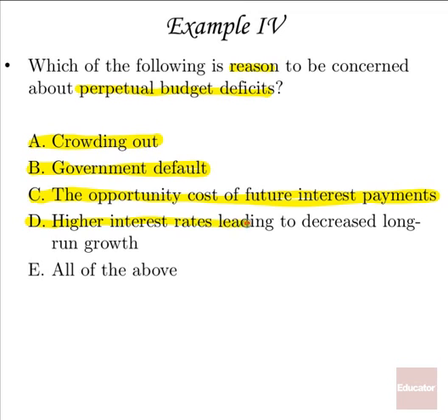Higher interest rates leading to decreased long-run growth. Absolutely. If we have higher and higher interest rates, it becomes more difficult for the private sector to basically thrive. So basically, A, B, C, and D are all correct. So the correct answer, because they are all correct, this is correct, this is correct, this is correct. The correct answer is E, all of the above.